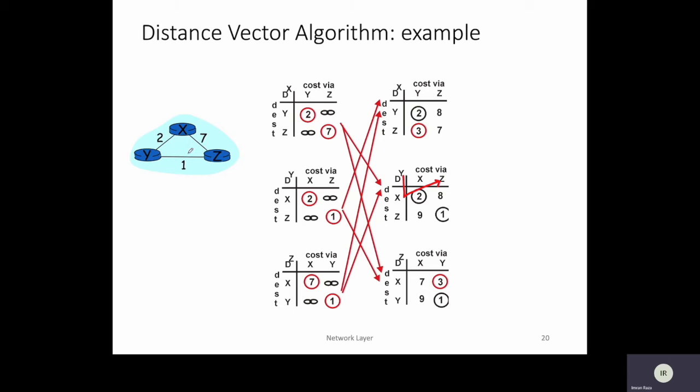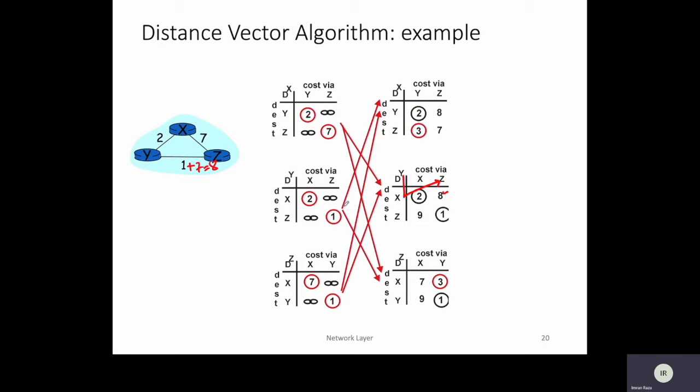So it says, okay, fine. The cost to reach my neighbor z is 1, and the cost to reach from z to x is 7. So the cost to reach from y to x via z is 8. But this is not the least cost.